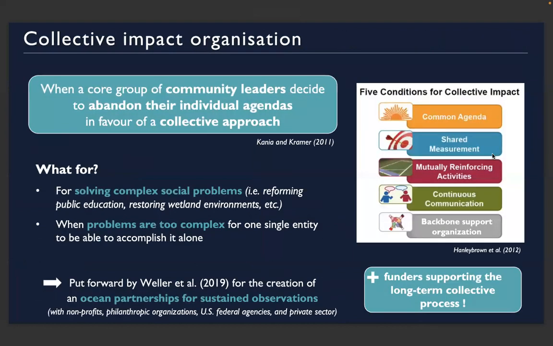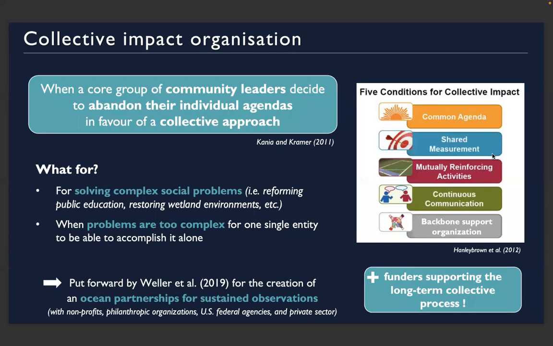And finally, my last slide before I come to the conclusion on how we can apply this to the ocean observing system: there have been some examples in history of organizations that in some way encompass both top-down planning and bottom-up learning, the collective impact organizations.